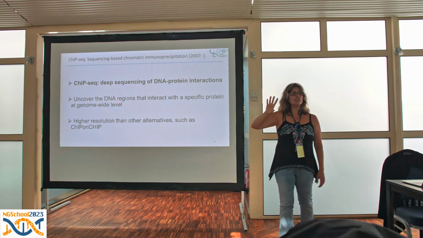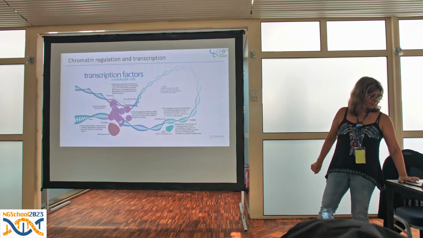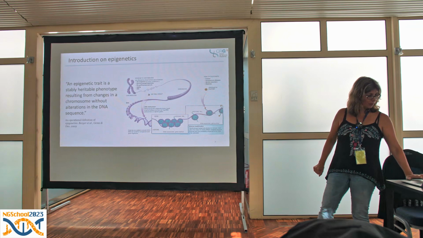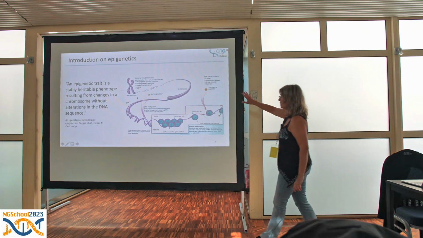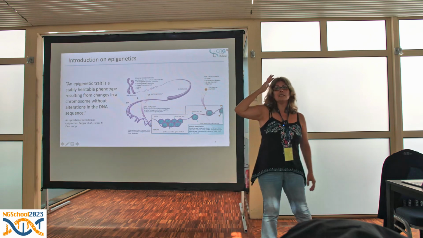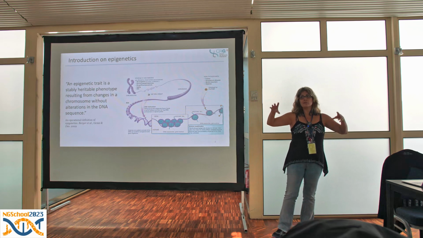We can also look for open chromatin regions. I told you that, let me go back here, that this chromatin is actually formed by the nucleosomes and the DNA, but the nucleosomes are not equally distributed along the chromatin, so sometimes they leave some gaps.